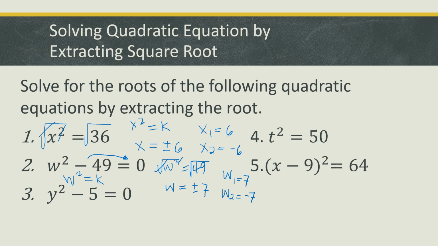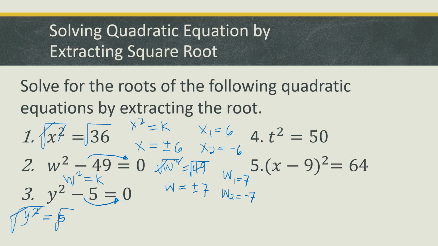Example 3. We have y squared minus 5 equals 0. Again, change it first into the form of y squared equals k. So we have y squared equals 5 by transposing negative 5 to the other side. So using the method, extract the square root both sides, cancel the square.